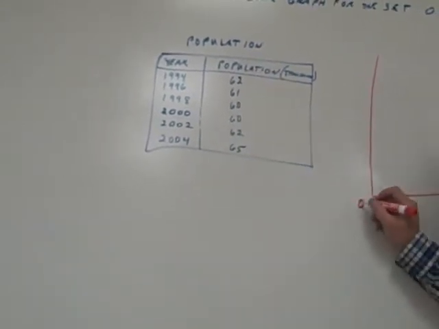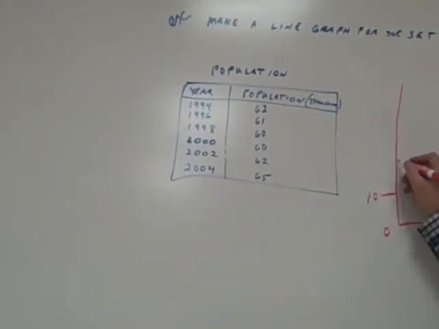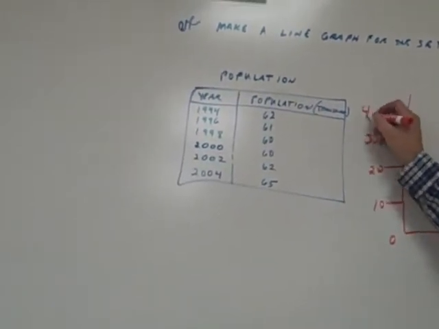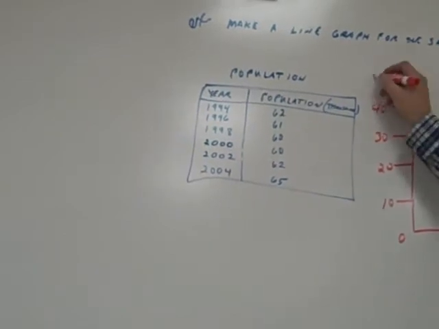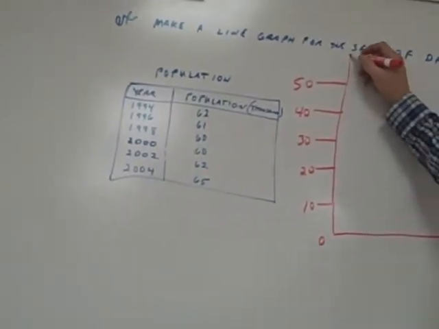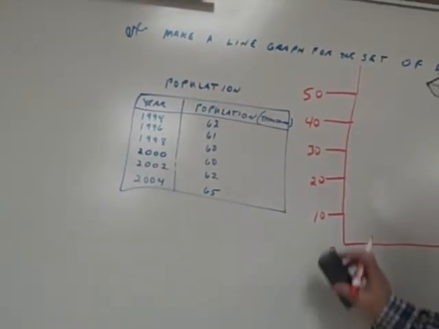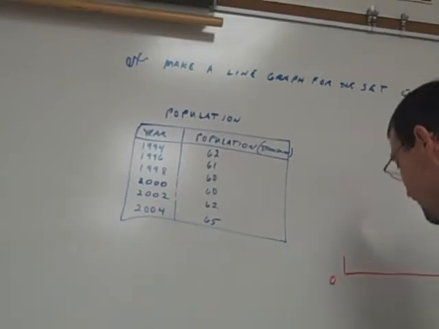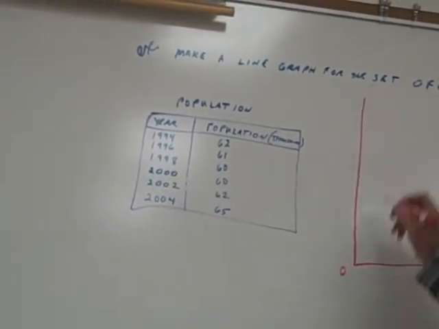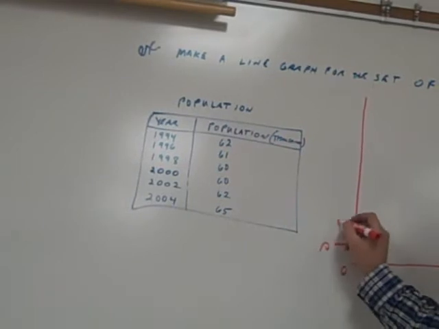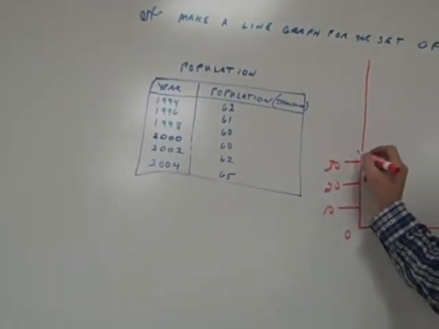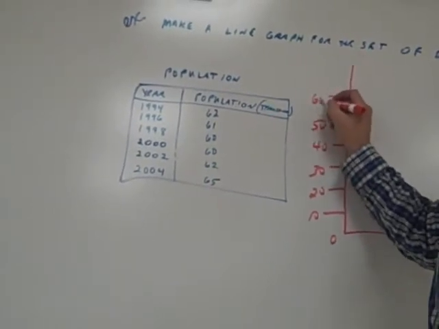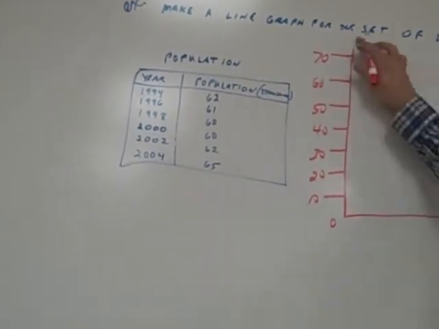So 0, 10, 20, 30, 40, 50, 60, 70. How's that?